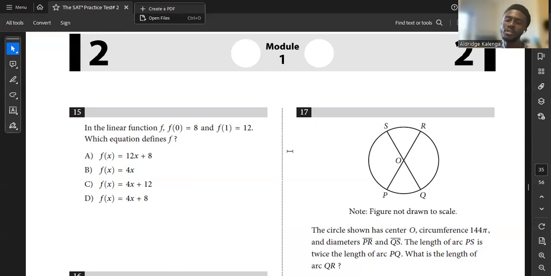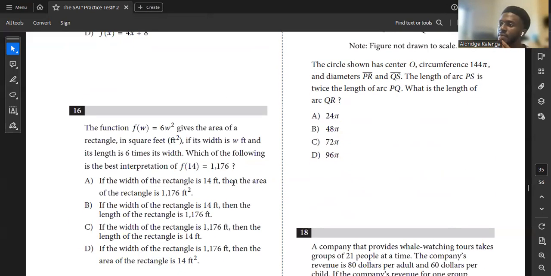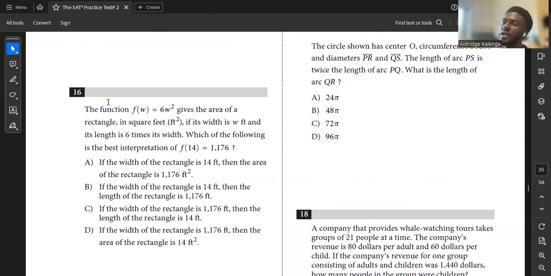Now we look at question 16. The function f of w is equal to 6w squared and gives the area of a rectangle in square feet, if its width is w feet and its length is 6 times its width.